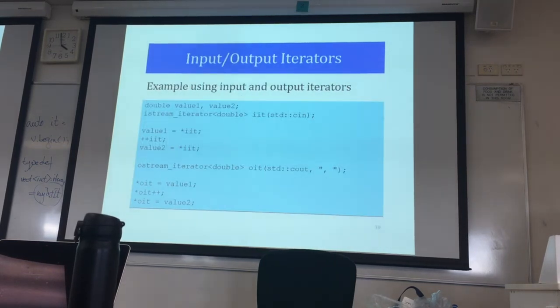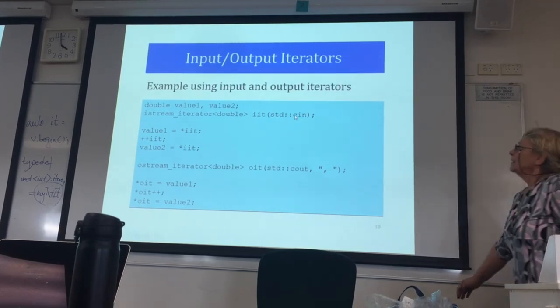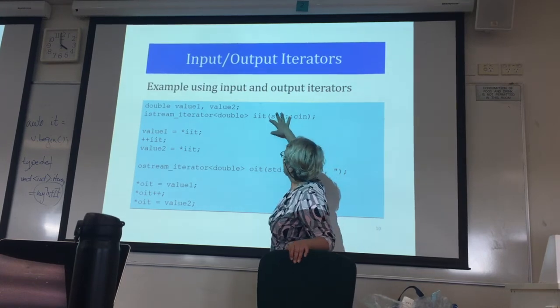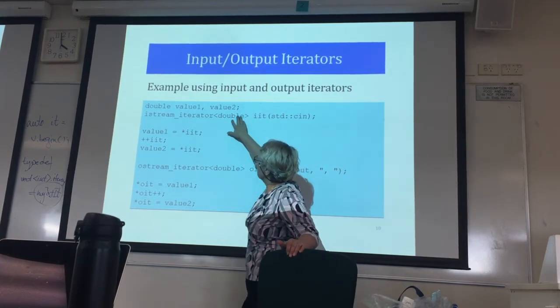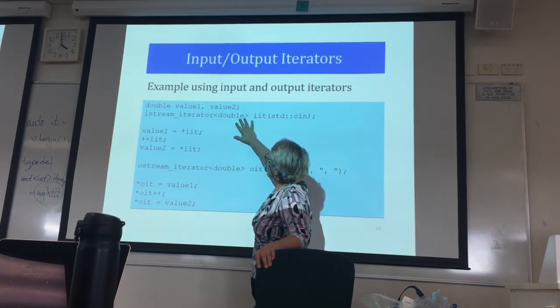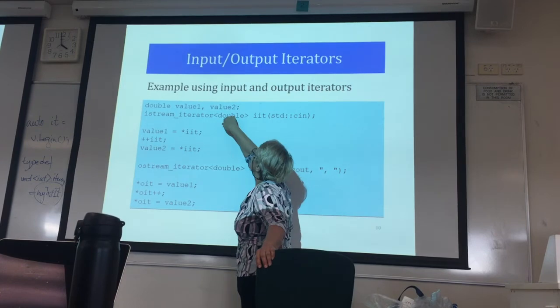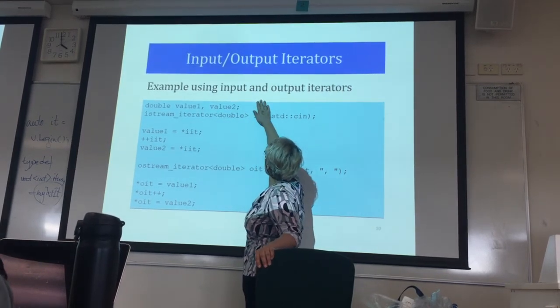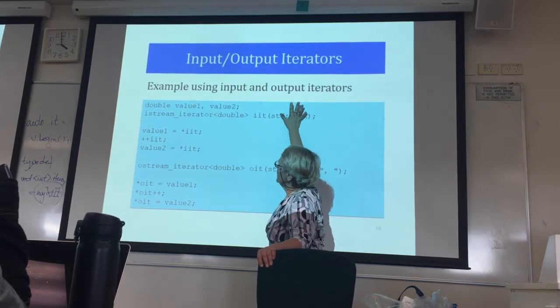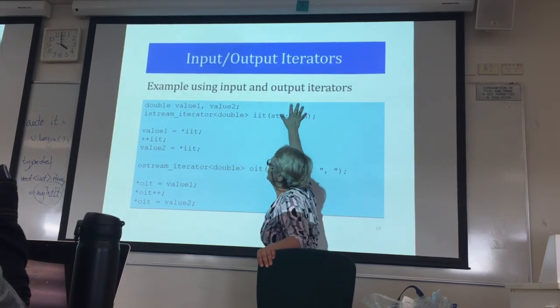Right. And as you can see, istream iterator is used for reading data from the standard input. You have to initialize it. This is the type of our input iterator, istream iterator, and it's meant to read double values. This is a name I gave it, and we associate it to the standard device. You can associate it to a file if you want.